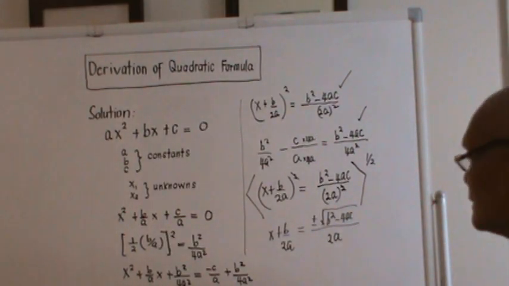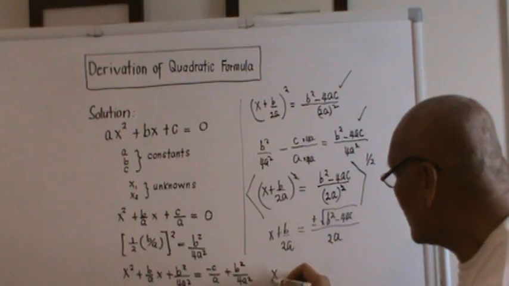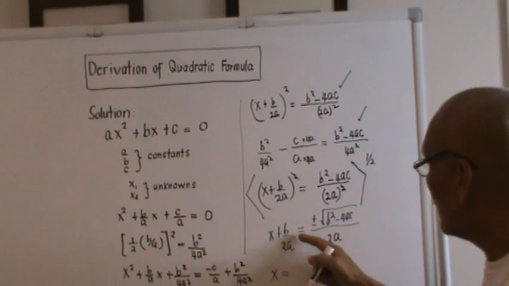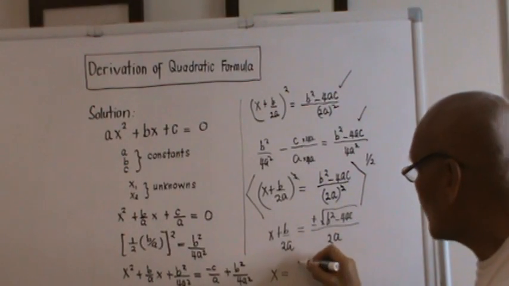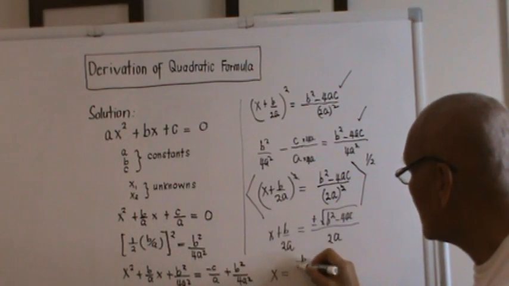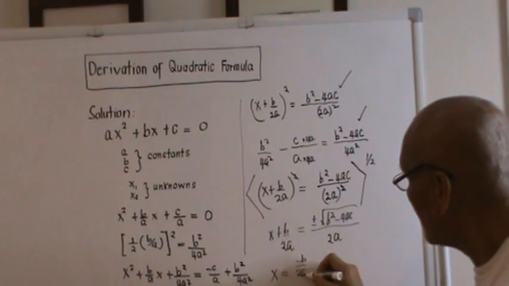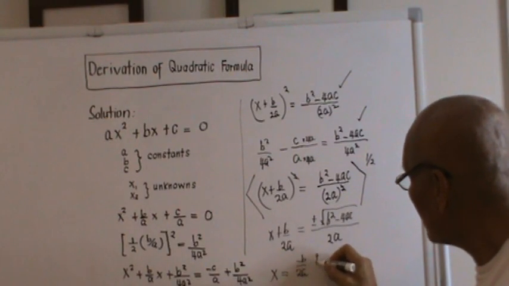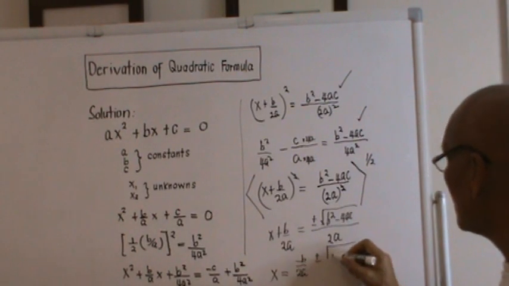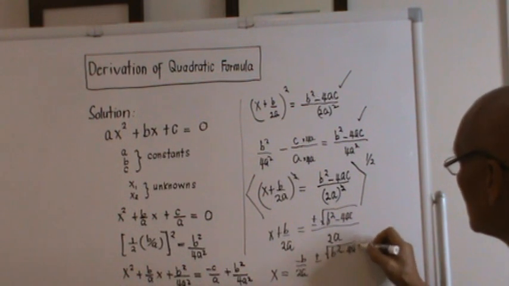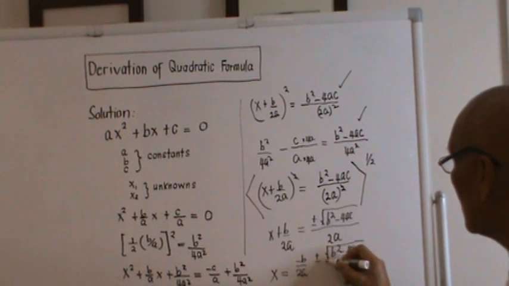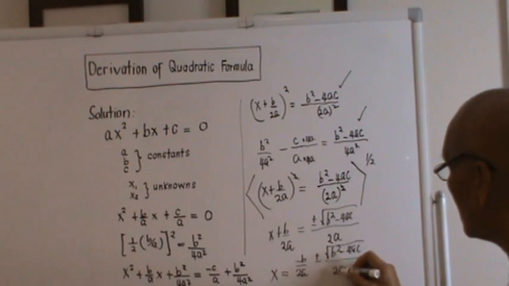Okay, you see it, guys? So x now will be equal to, we transpose this one to the right, so it will become negative b over 2a, plus or minus the square root of b squared minus 4ac all over 2a.